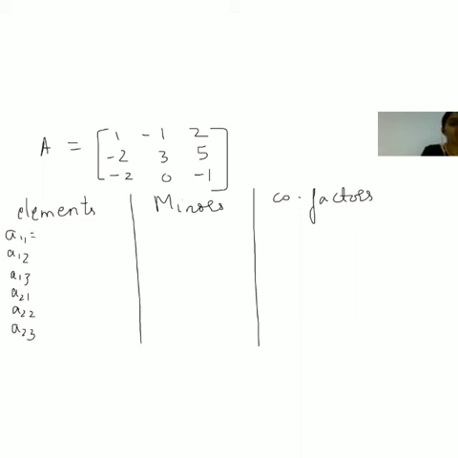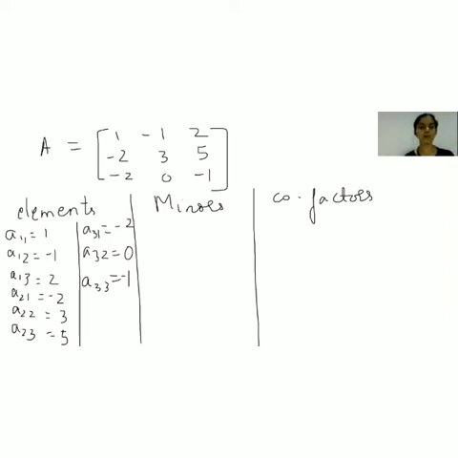So elements we can directly write 1, minus 1, 2, minus 2, 3, 5. And we have A31, A32, and A33. A31 is minus 2, 0, and this is minus 1.